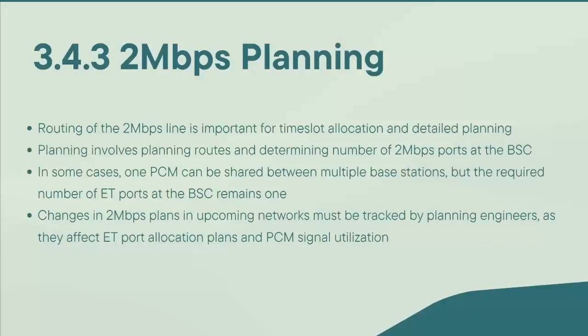In some cases, one PCM can be shared between multiple base stations, but the required number of ET ports at the base station controller remains 1. Changes in the 2 megabit per second plan in the upcoming network must be tracked by the planning engineer, as they may affect the ET port allocation and the code modulation, signal utilization.